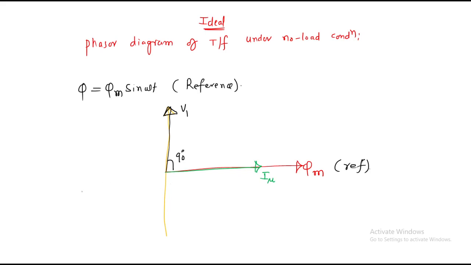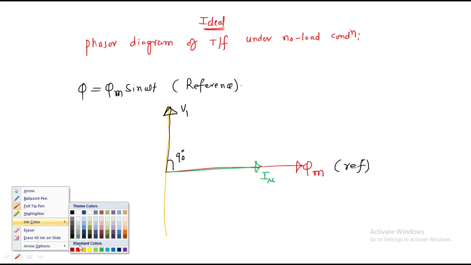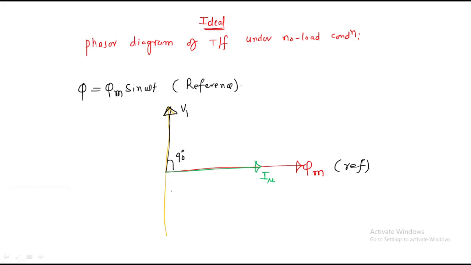Next, later, what about E1? After 90 degrees of flux development, an EMF will be induced. So obviously this is the value of E1. This is the phase displacement.